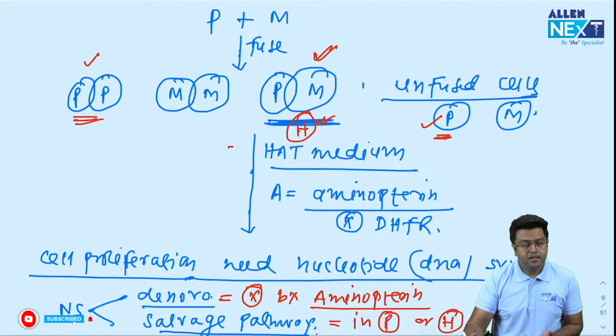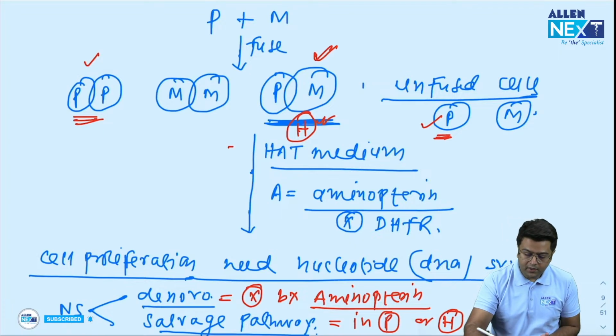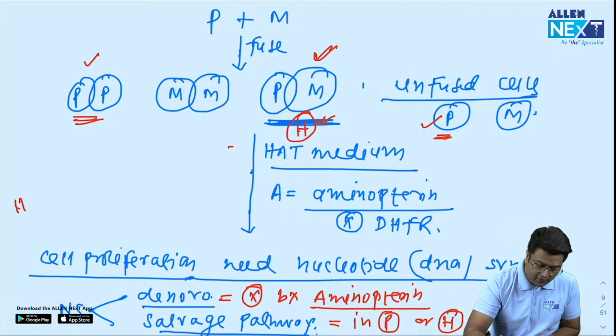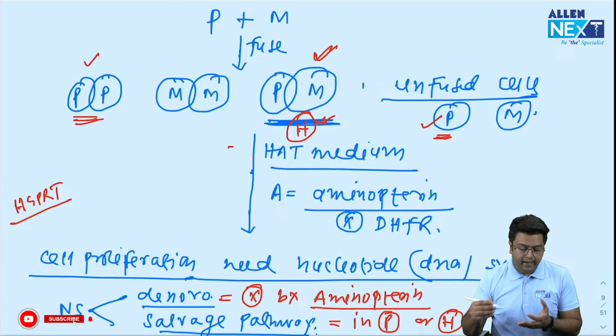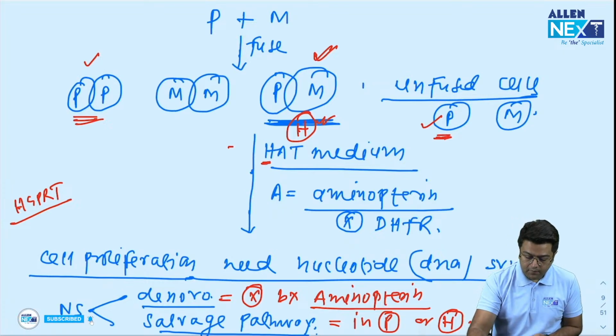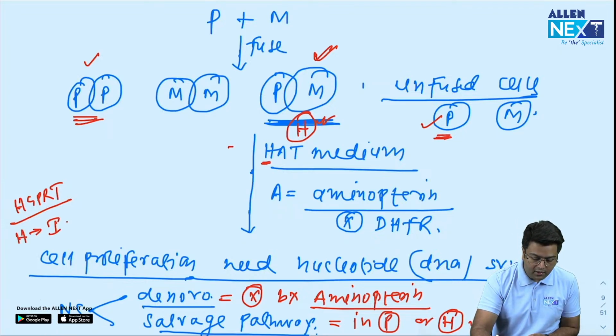And guys, what is the name of the enzyme which is required in this pathway? The enzyme that we need in this pathway is called HGPRT, hypoxanthine guanine phosphoribosyl transferase. And this enzyme will use the H of the HAT medium. What is H? Hypoxanthine. So hypoxanthine will convert into inosine. Inosine makes the adenine and guanine both, right?